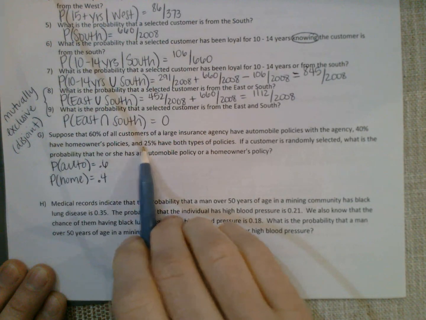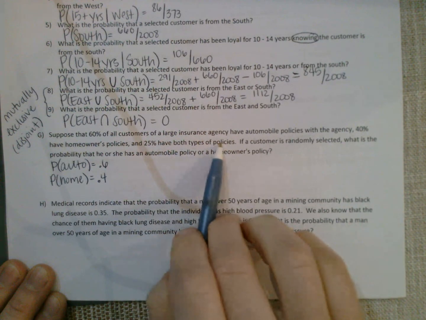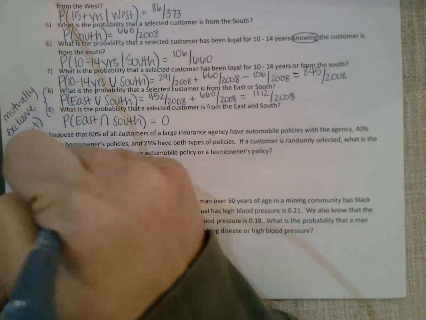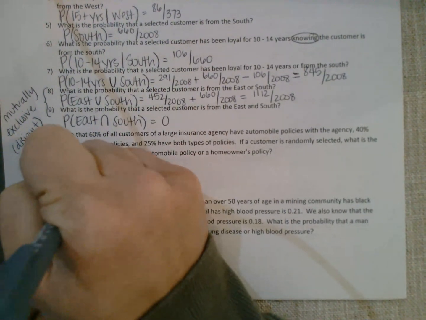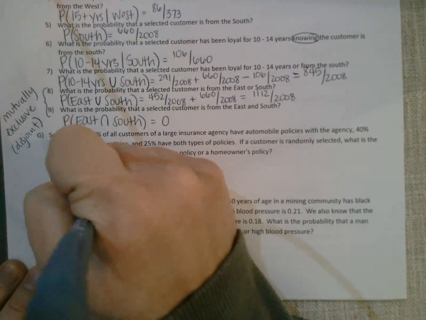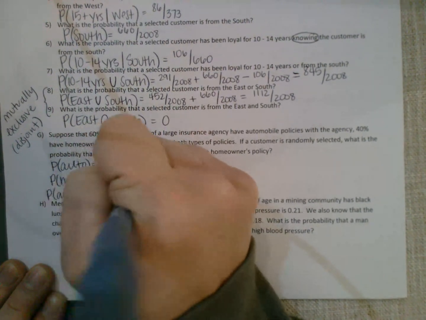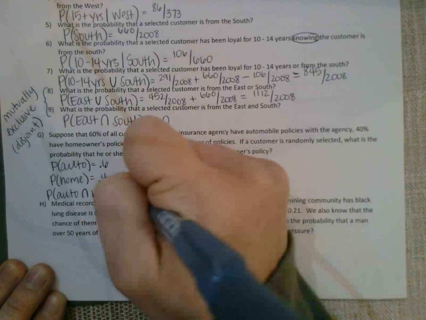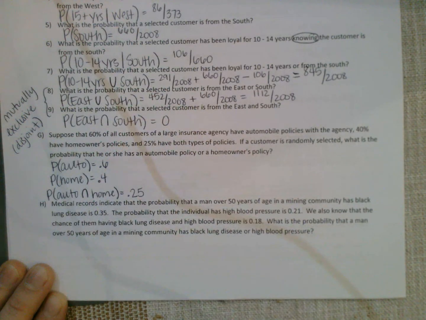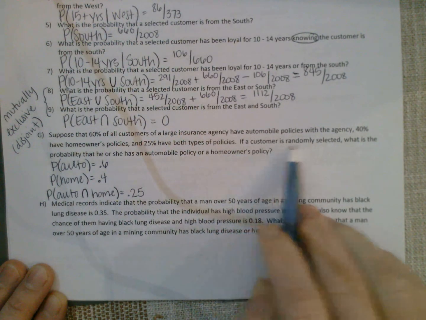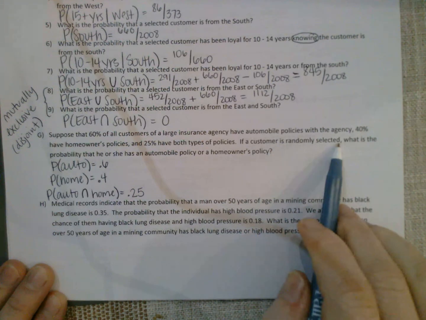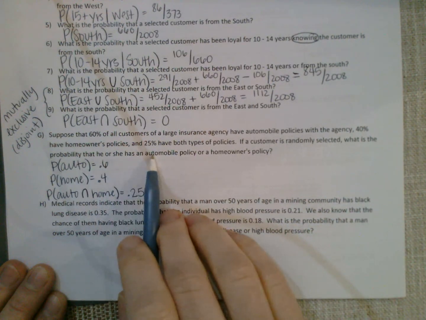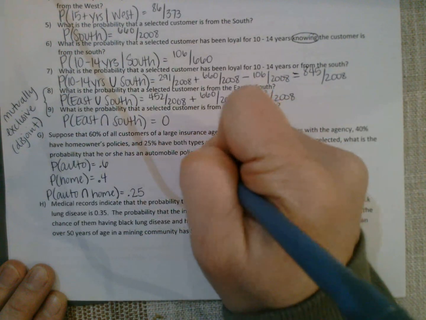And then it says 25% have both types of policies. In probability notation, that would mean probability of auto and home. So I'm going to write probability of auto and home equals 0.25. And then it says if a customer is randomly selected, so this is saying out of everybody, what is the probability that he or she has an automobile policy or a homeowner's policy?